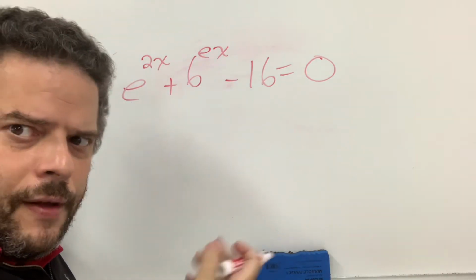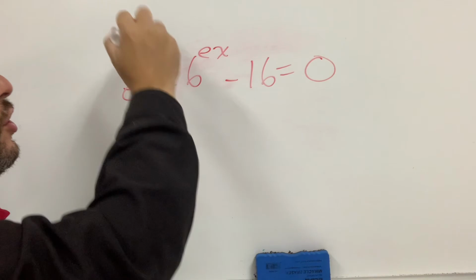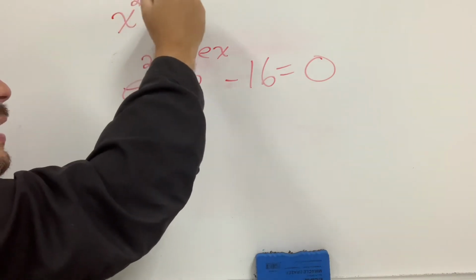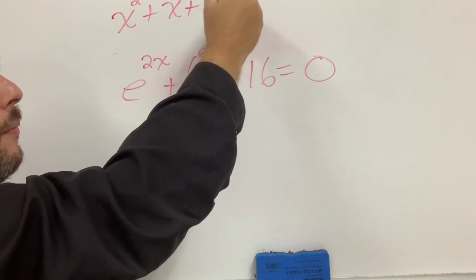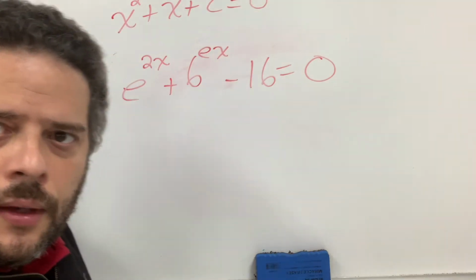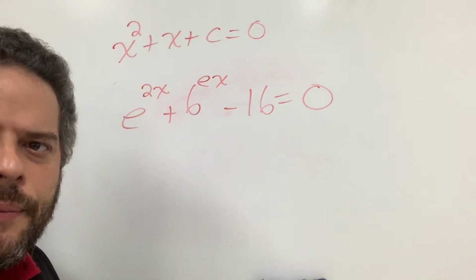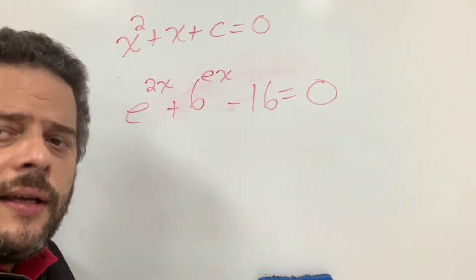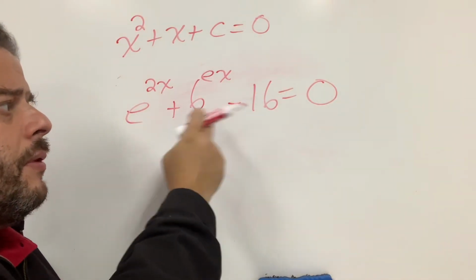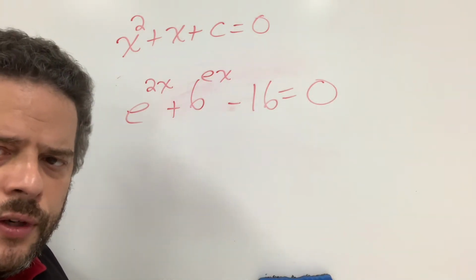So this should look, again, remember, like a quadratic form. Okay, so this should look like a quadratic form, x squared plus x plus a constant equals 0.